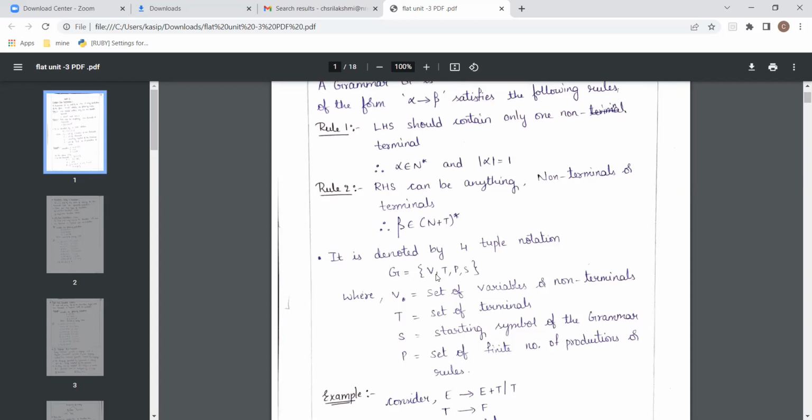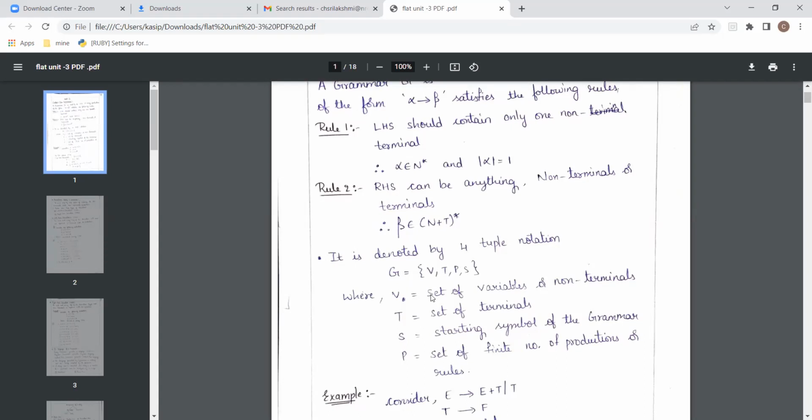V is nothing but the set of variables, or the non-terminals, we can say. Non-terminals belong to LHS. Alpha tends to beta is a context-free grammar if it is in the form of alpha tends to beta, where alpha is the LHS and beta is the RHS.